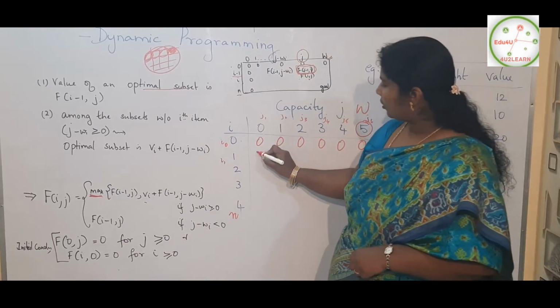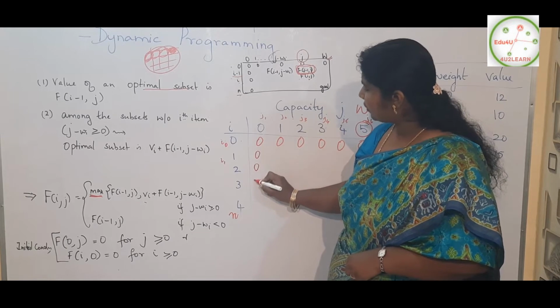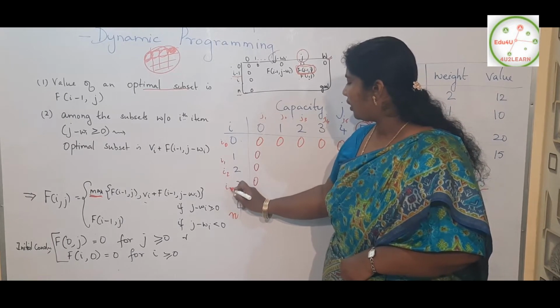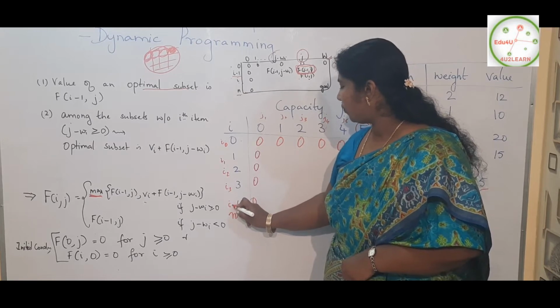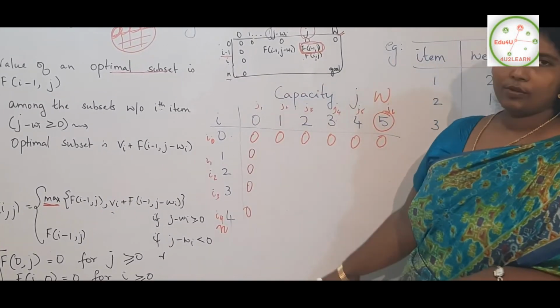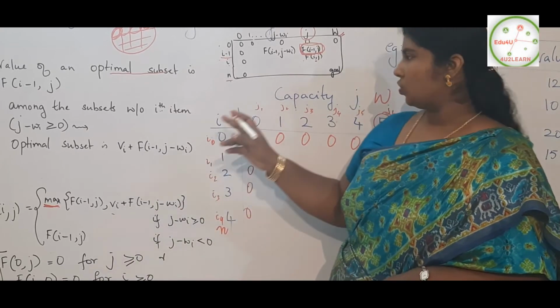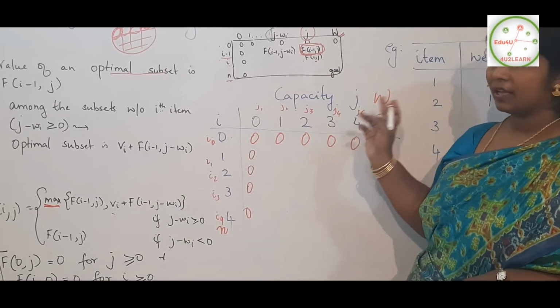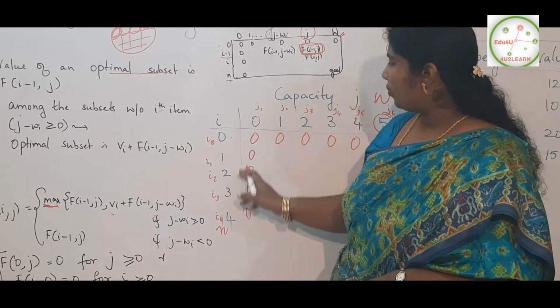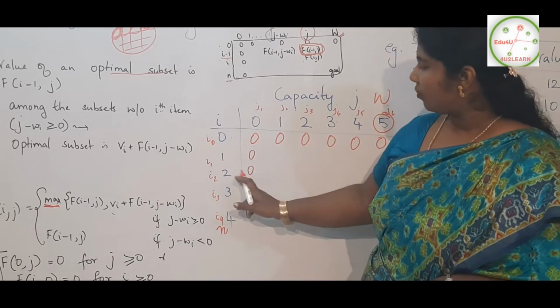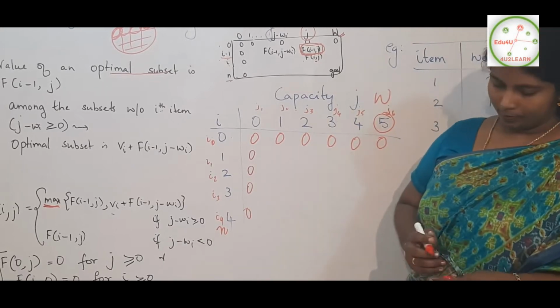So out here, it's going to be 0, 0, 0. So I2, I3, I4, we have all the values 0. The meaning is, you don't have any item, so you don't have any capacity filled. You don't have any weight which has been assigned for any item. That is what it means.